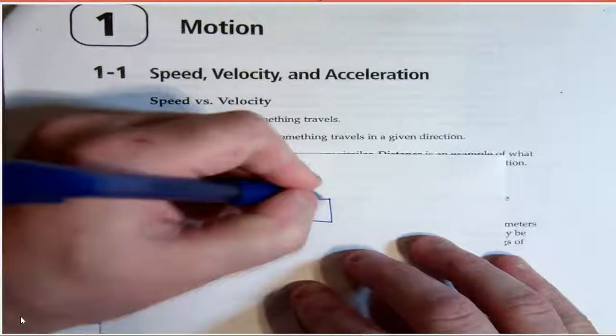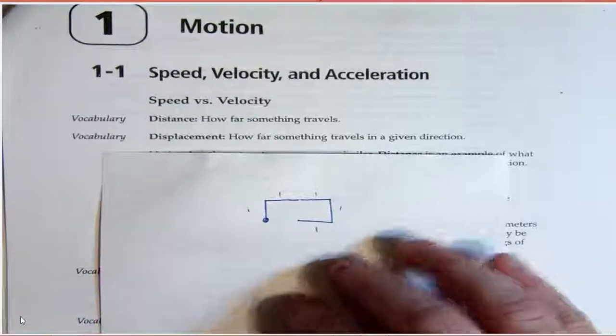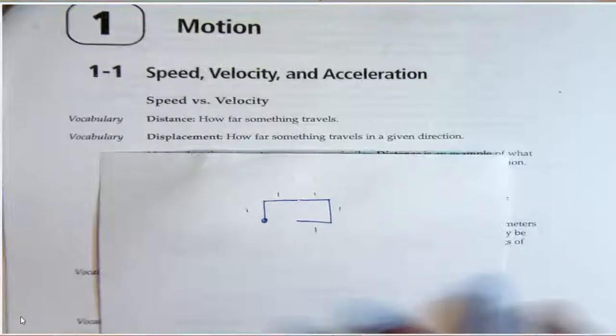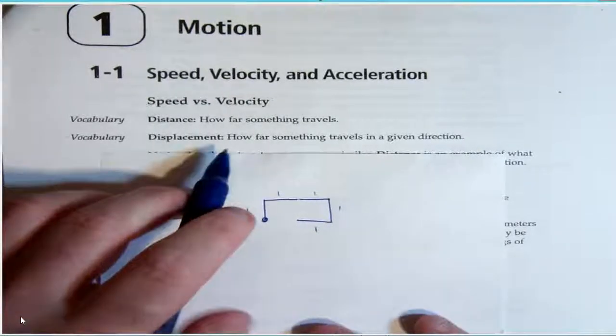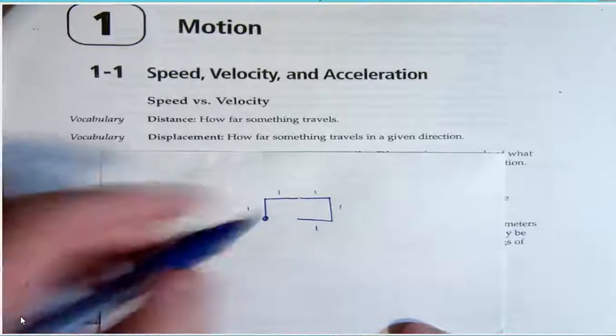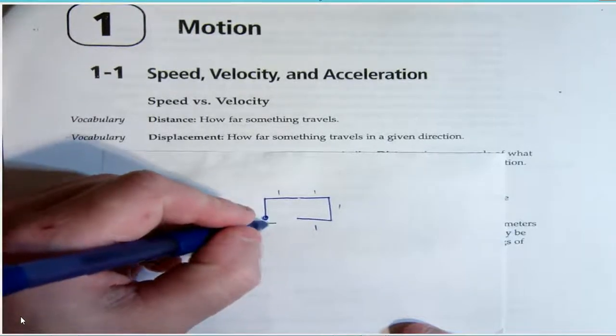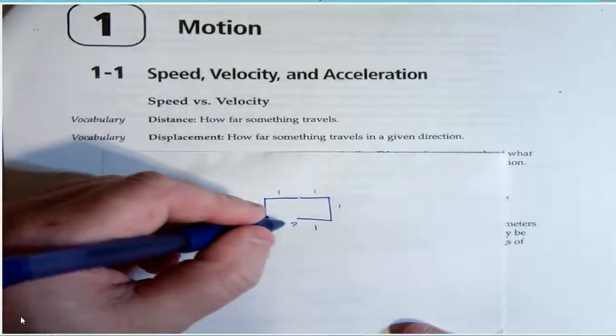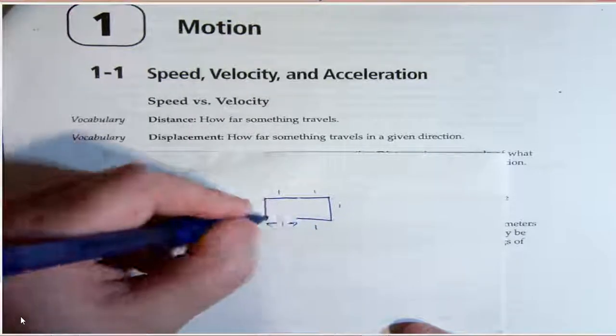Now, my total displacement, like how far I am from my original point, is really just 1 kilometer, right? Because I'm only 1 kilometer away if I end here.